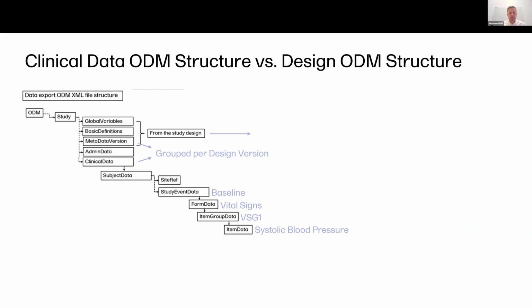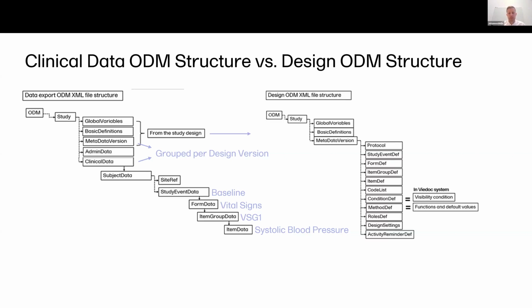I mentioned the structure was a bit different in the design ODM. So if I also display that on the page, you will see that it is quite different. And I will walk you through all of these sections. But quickly to summarize, you have global variables, you have basic definitions, and then you have a metadata version.